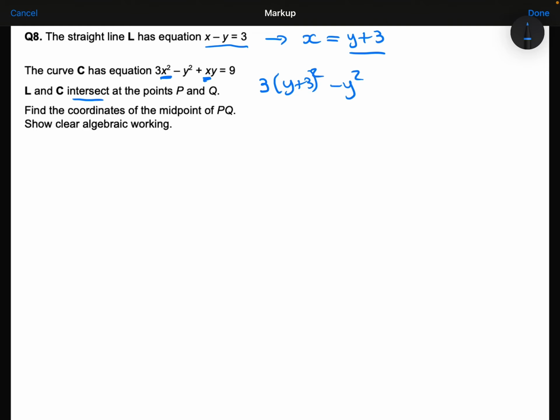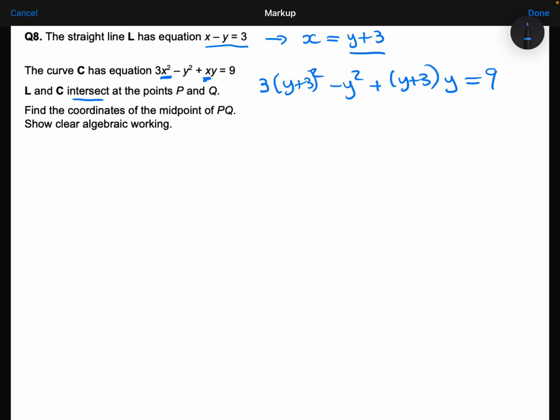The y squared will stay where it is. And then we've got x times y, where the x has been replaced with y plus 3. So x is y plus 3 multiplied by the y, and we know that's going to equal 9.